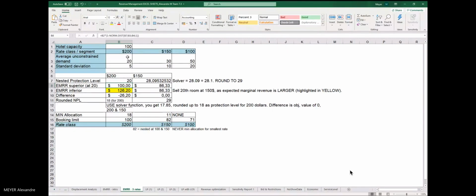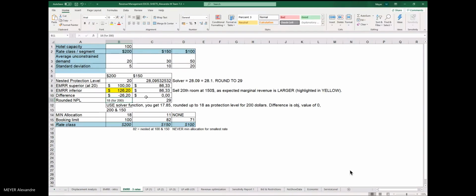However, if you sell the room on the same probability with a different rate class, you actually end up making more money. Therefore, the 20th room should be sold at a lower rate class, because the probability of getting it at the higher rate class turns out to make you earn less theoretically. So you're better off changing your rate to $150 as opposed to $200, as you end up making more money.